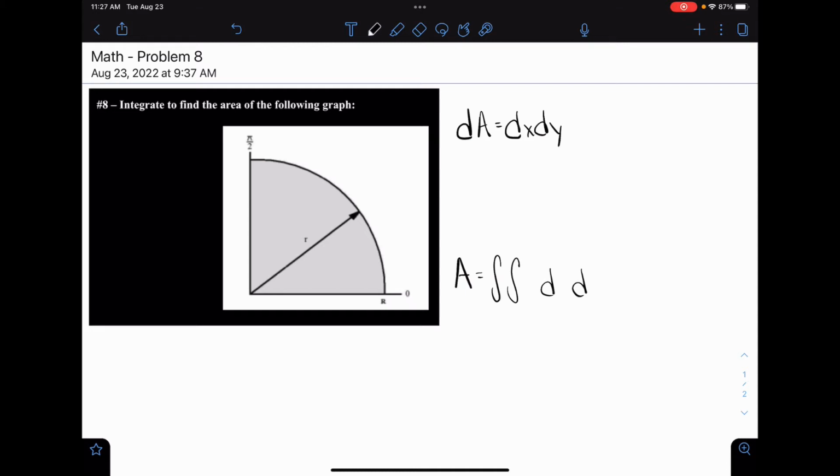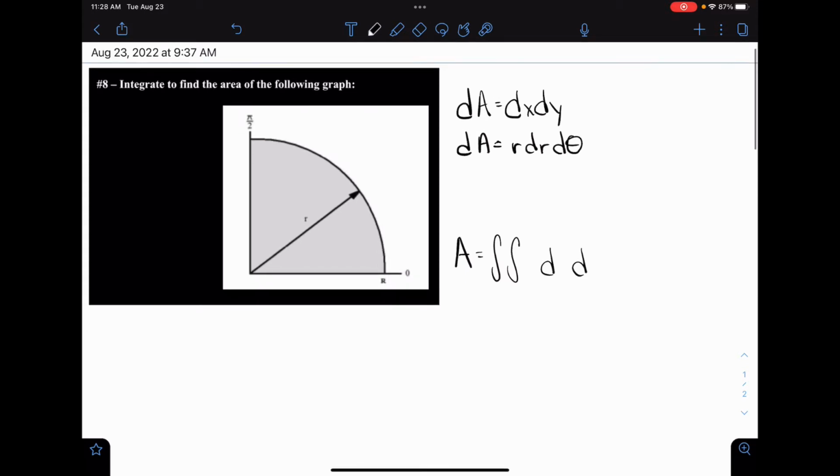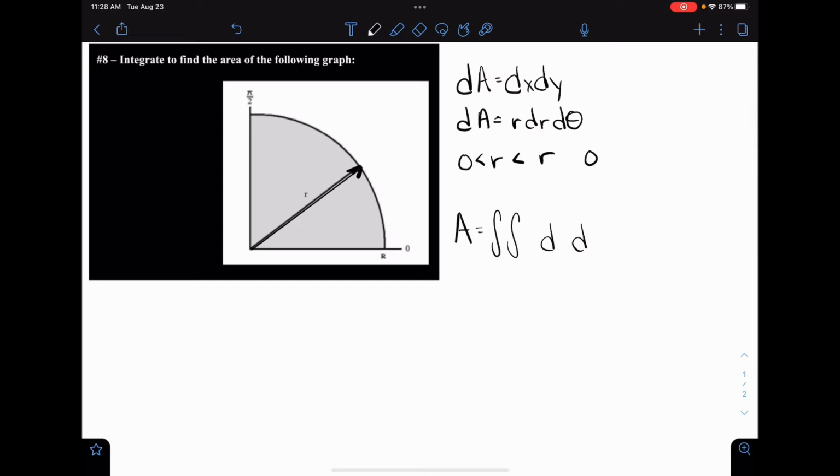We'll have to use the differential for a polar system, which is dA equals r dr d theta. We'll have to now find our limits, which are really simple. For the r coordinate, it's going to be 0 all the way to r, which they give us. And then for theta, we're only going from 0 to pi over 2.